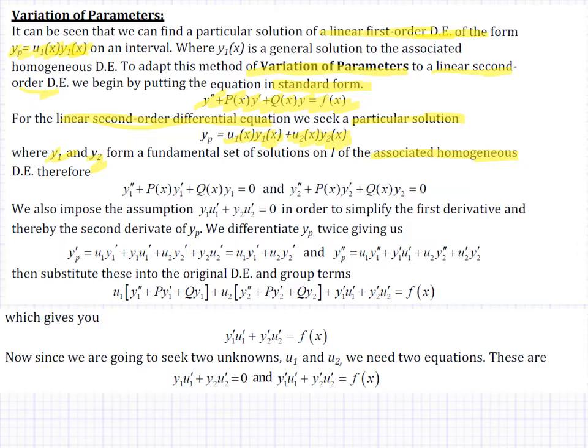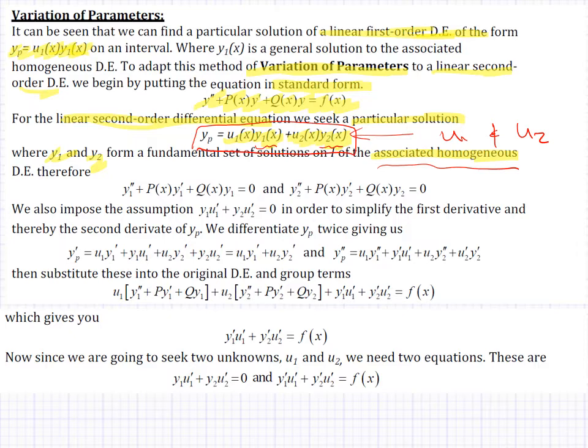So we know what y sub p should look like, and we know two pieces of it already because we found them when we solved the associated homogeneous. Ultimately, what we need to find is u1 and u2, and if we can find them, then we can find the particular solution.